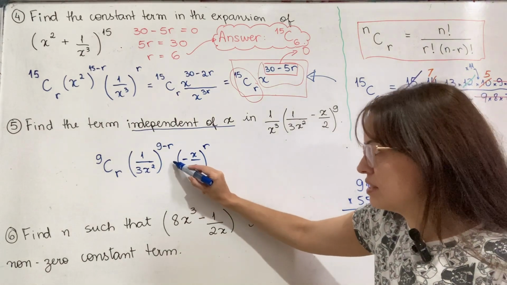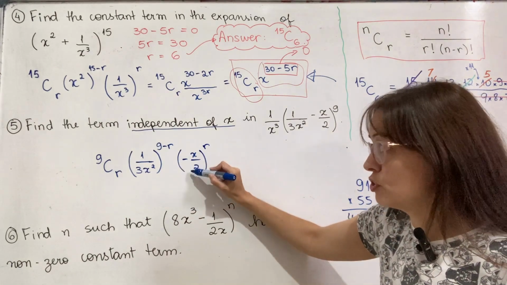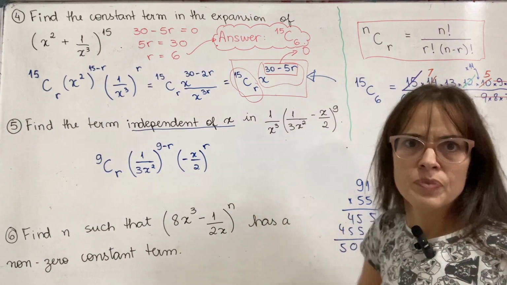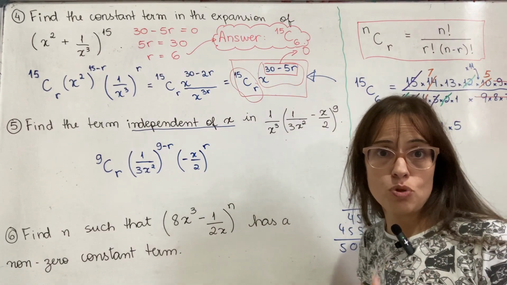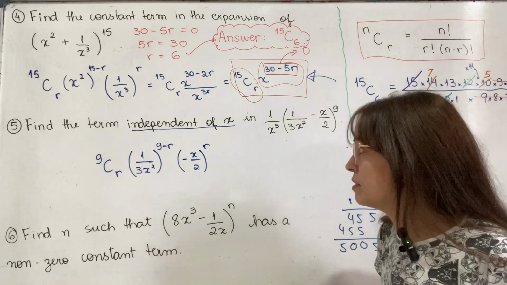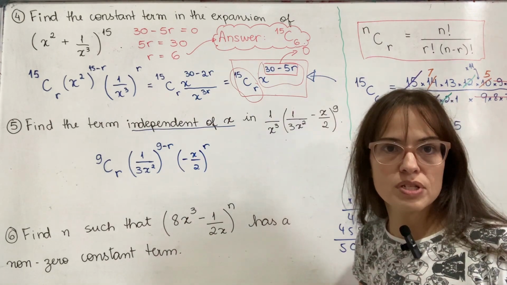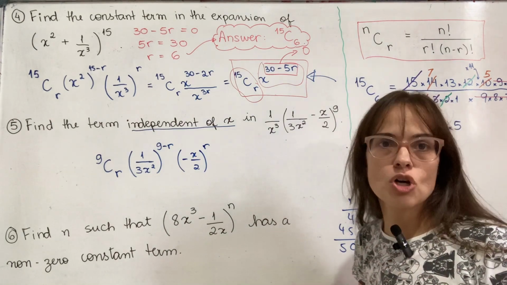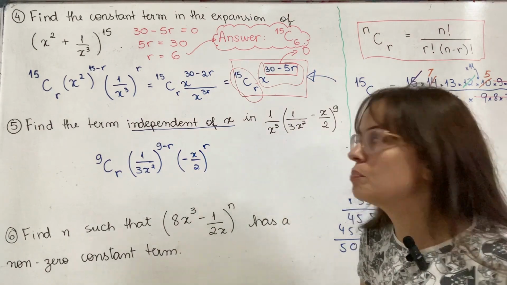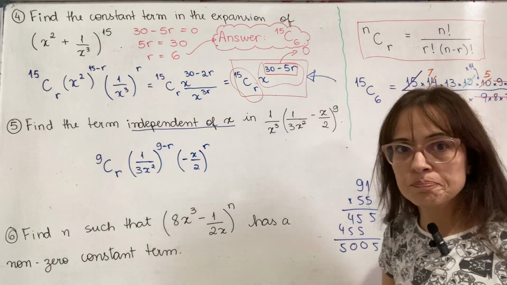So it's times minus x over 2 to the power of r. If r happens to be an even number in the end, then that minus is just going to disappear. But if r is odd, then it's not going to disappear, so we have to remember that.